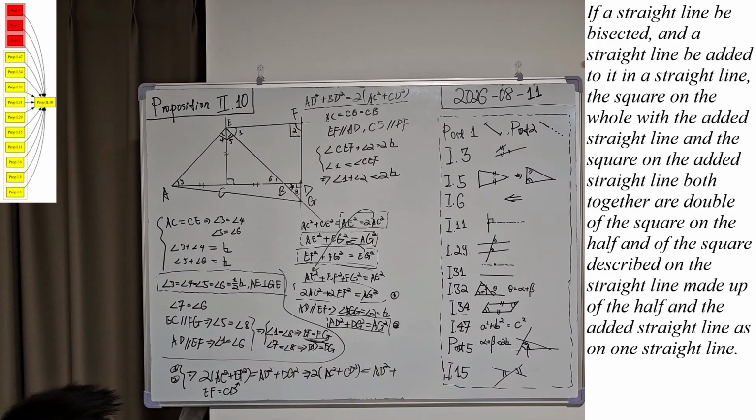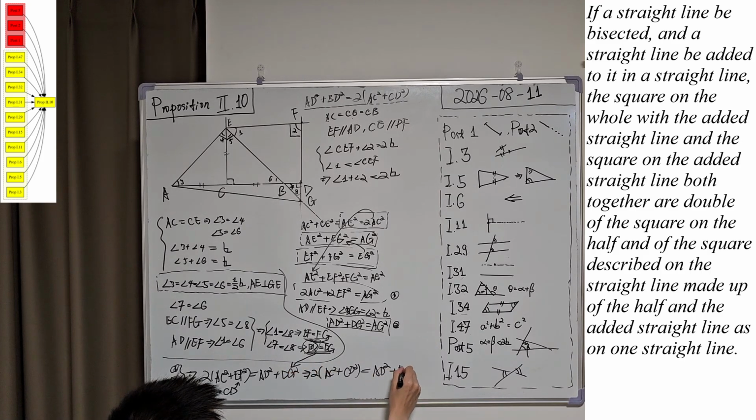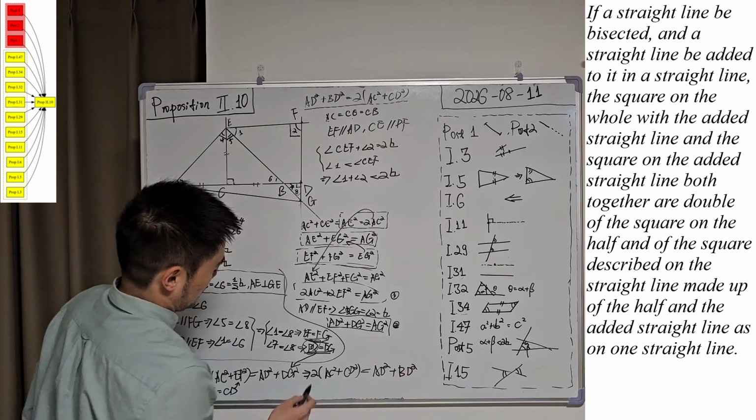What is DG square? We have proved that DG is equal to BD, correct? And so let's replace DG by BD. So AD square plus BD square, correct? So we have this conclusion.